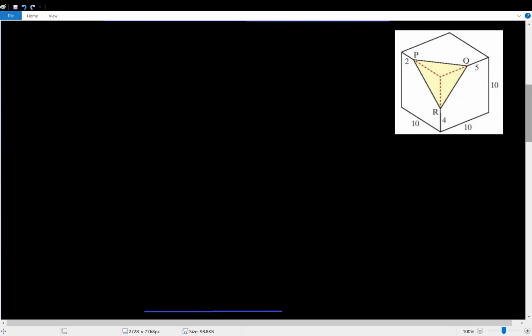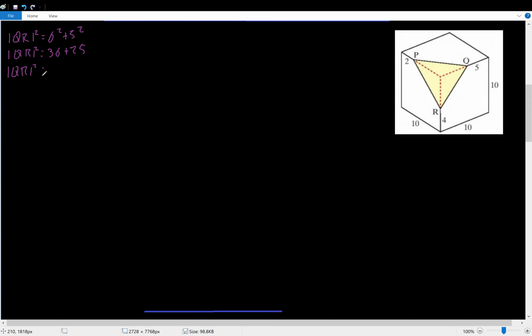So we will start with the length of QR. QR squared is going to be equal to 6 squared plus 5 squared. So if we calculate that down, we get 36 plus 25.